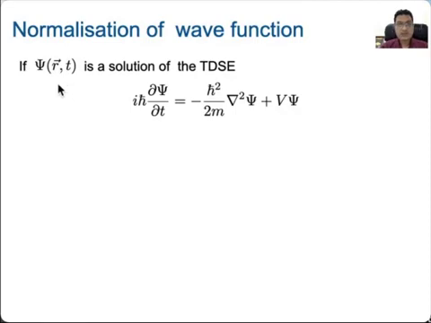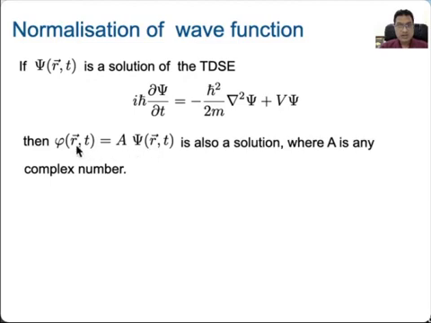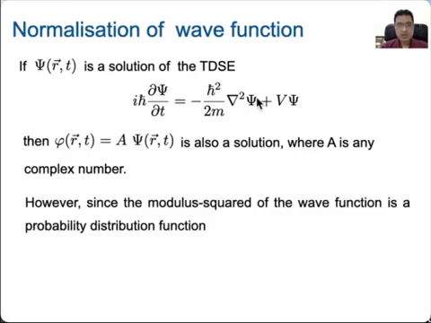So let's say psi of r, t is a solution of the TDSE. It means that if I multiply some constant A to this wave function psi, it will give me another function, which I represent as phi, which will also be a solution of this equation. Now there is another concept. Since the modulus square of the wave function is a probability distribution function, it must integrate to 1.